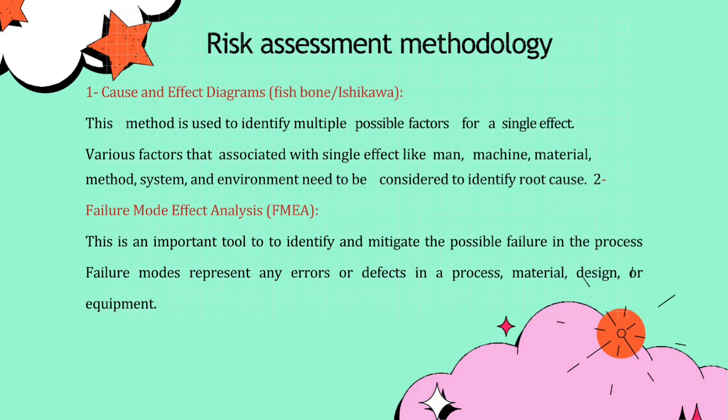The second methodology is failure mode effect analysis. It is an important tool to identify and mitigate possible failures in the process. The failure modes represent any errors or defects in a process, material, design, or equipment.